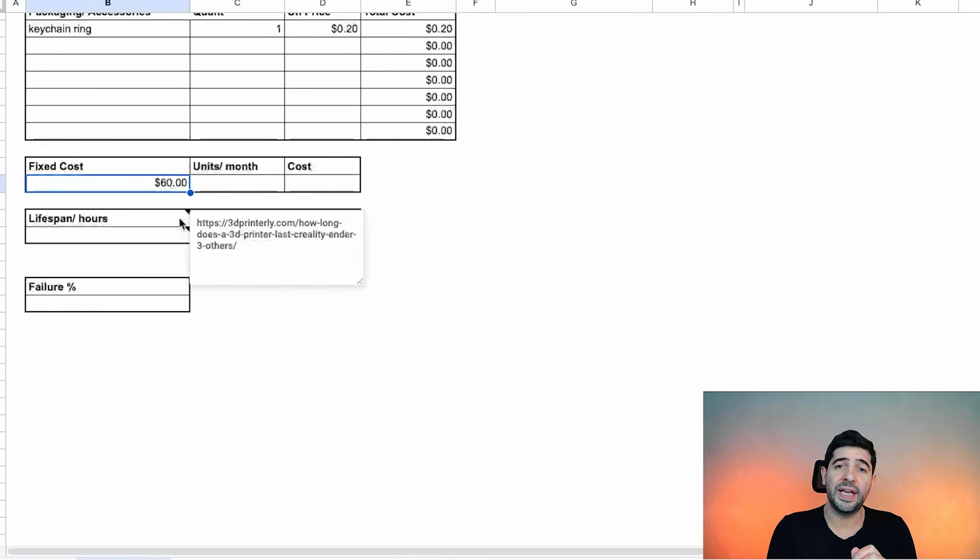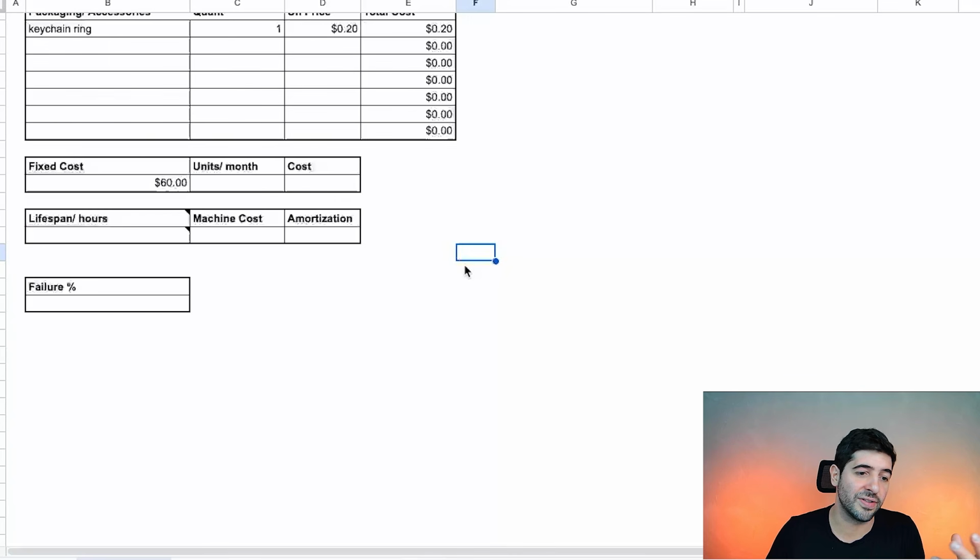It's going to be kind of like the rent that you have within your own space. So let's say your total cost of living is around, I don't know, $1,000 a month, and you would say that 60% of that is going to be your 3D printing business. It's going to be that corner in your office. So I'm going to pay $60 in terms of fixed cost.